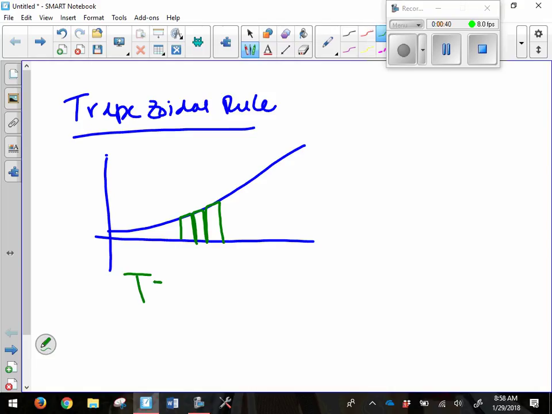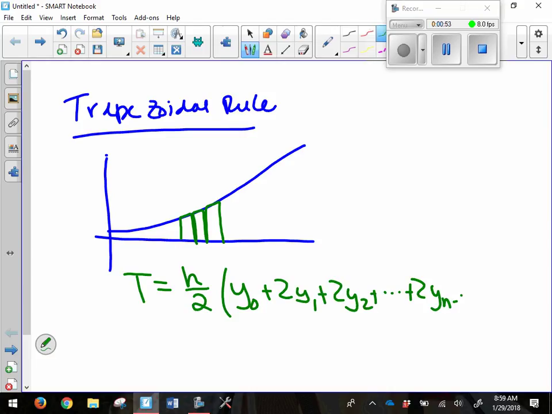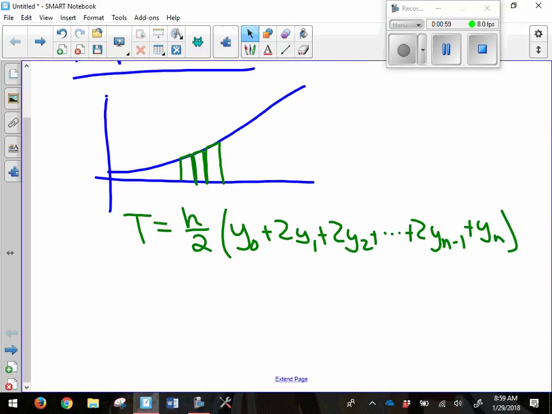And we found that the area was equal to, what was it, h over 2, and then we had y0 plus 2y1 plus 2y2 dot dot dot plus 2yn minus 1 plus yn, because we remembered, number one, that the area of a trapezoid was 1/2 the sum of the bases times the height.